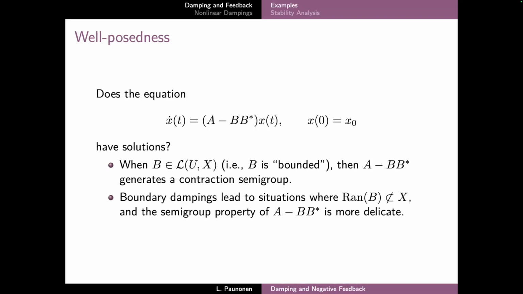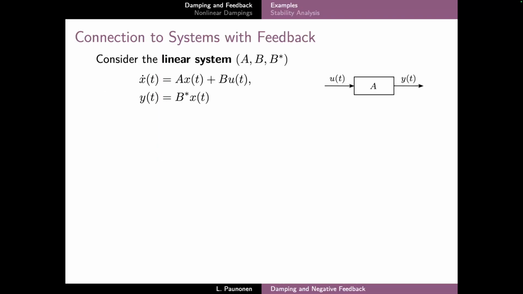But one way we can consider this is using infinite dimensional systems theory. And in this approach, we replace our original equation with a linear system where we have our operator A, which is a generator of a contraction semigroup, but instead of the damping term, we equip our system with an input acting through B, which is taken from our damping operator.